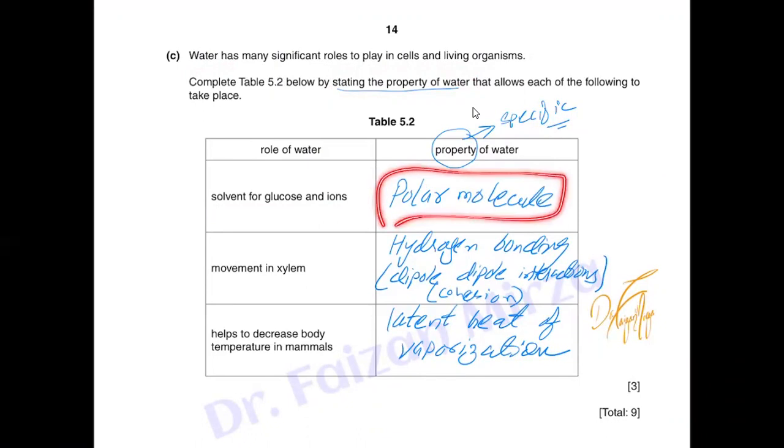Water is a polar molecule, so polarity is the property. Move up with the xylem: hydrogen bonding, dipole interaction, cohesion. You can mention that as the property of water. Helps to decrease temperature in the body of mammals: so latent heat of vaporization is the property which we can mention at this point.